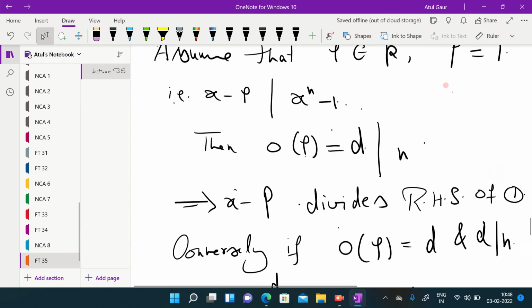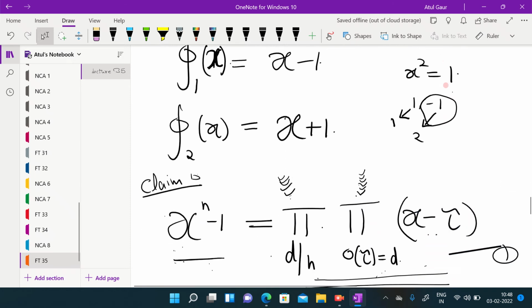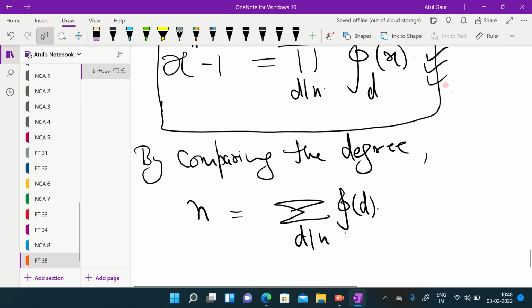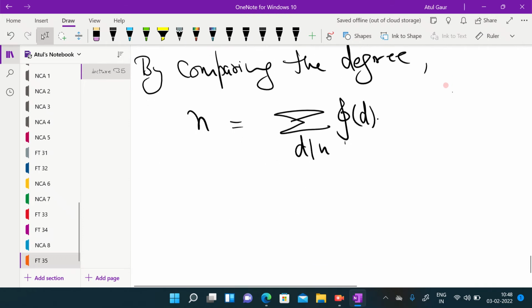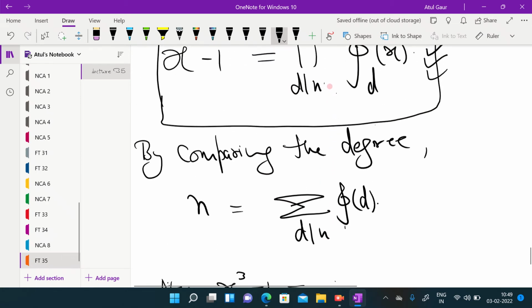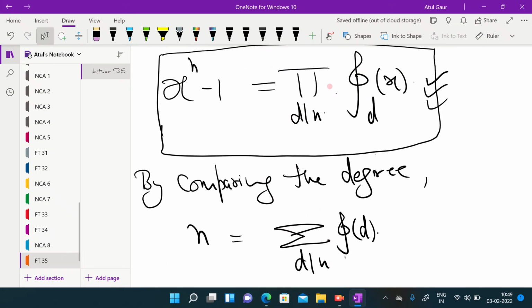So come back, phi_1, phi_2 we have computed. Now what is phi_3? For phi_3 use this formula, right? So x cube minus 1 when you use the formula. So basically look at that, d divides 3, n is 3, right?